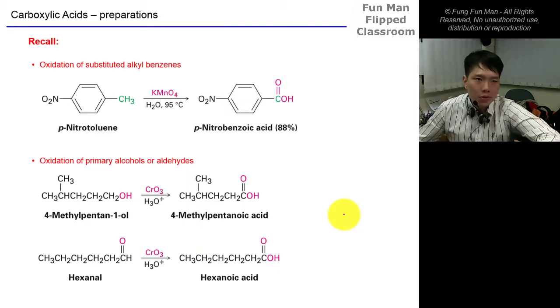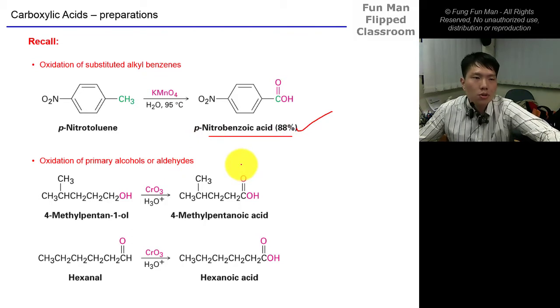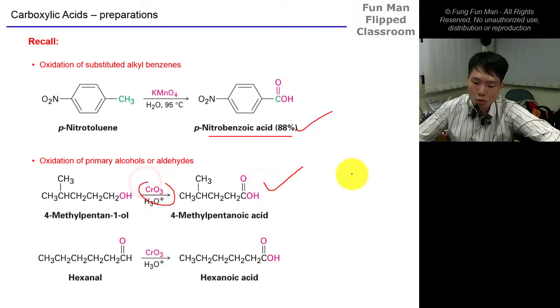Now recall that if we oxidize an alkyl group that's adjacent to the benzene ring using a strong oxidizing agent like permanganate, high temperature, reflux it, we get the acid, benzoic acid. Very good yield. We could also oxidize a primary alcohol or aldehyde into the corresponding carboxylic acid. Remember this? The Jones reagent.